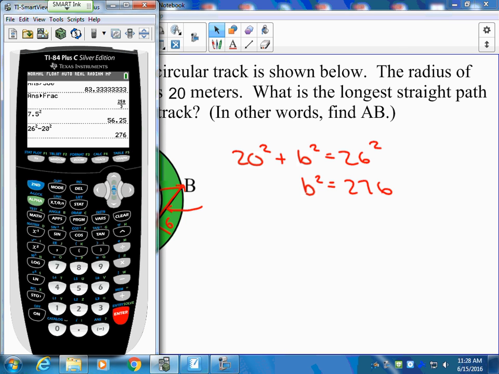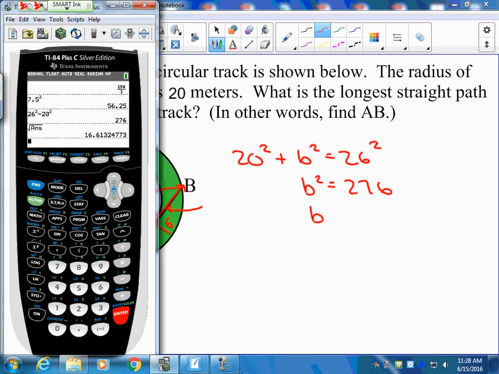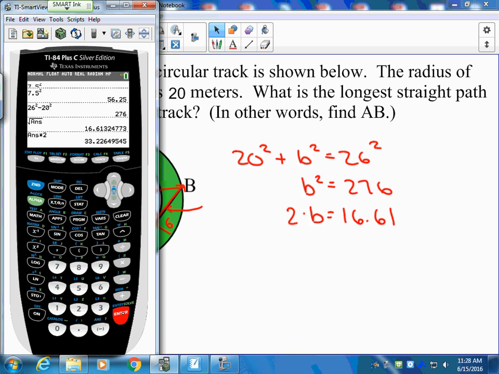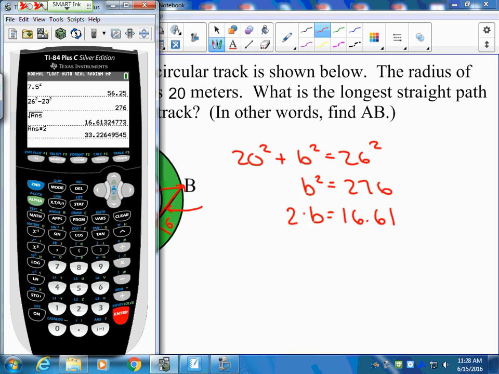We square root that answer, and we get 16.61 for b. To get the full distance all the way across, we need 2b, so we will multiply by 2 to get our answer of 33.23.